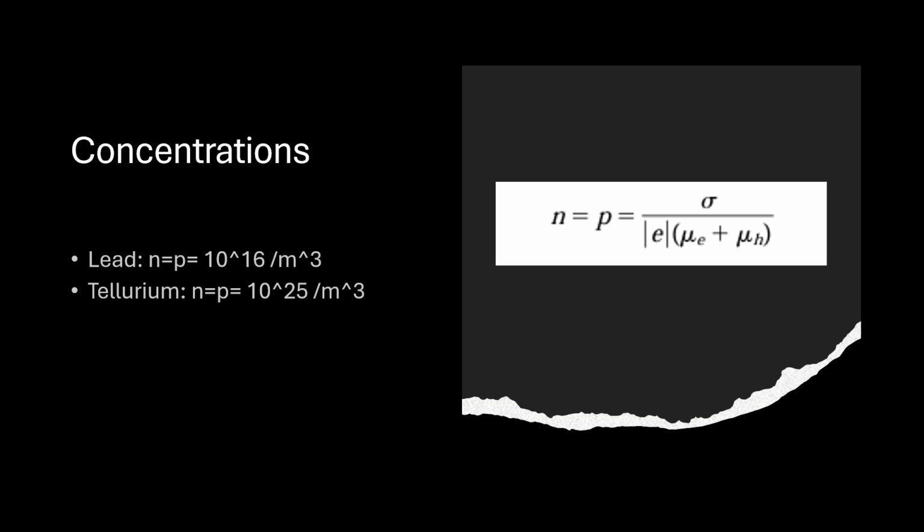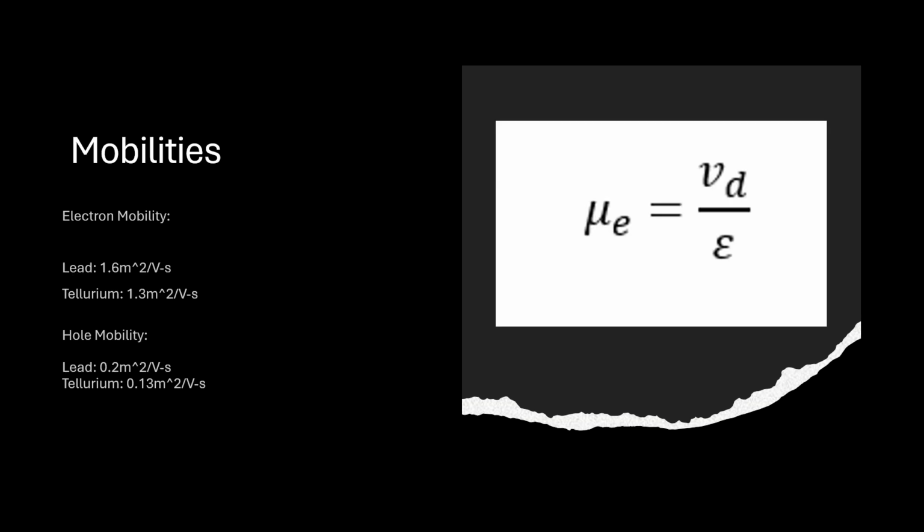Our e is the charge of the electron, and mu e plus mu h are the mobilities of our electrons and the mobilities of our holes. We found here that lead has a concentration of 10 to the 16th per cubic meter, and tellurium has a concentration of 10 to the 25th per cubic meter.